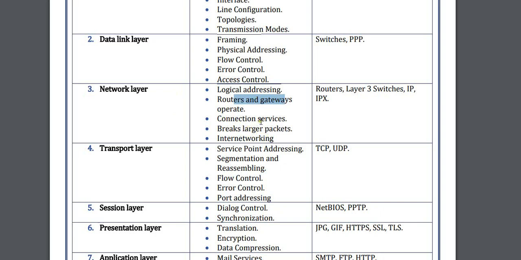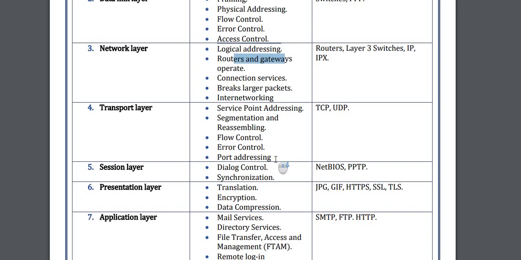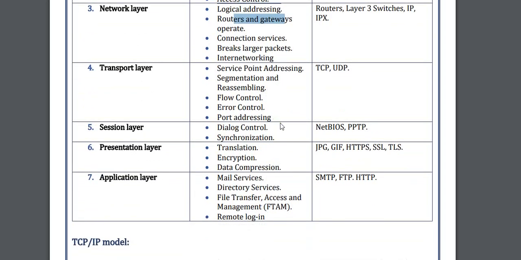The network layer also provides connection services and breaks data into packets and handles internetworking. In the transport layer we have service point addressing, segmentation, flow control, and port address control.